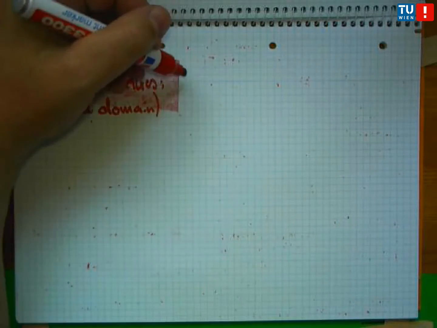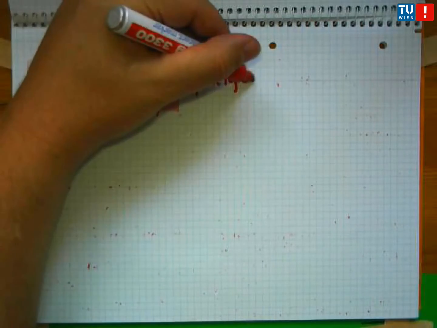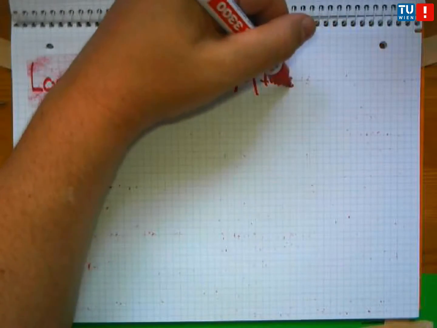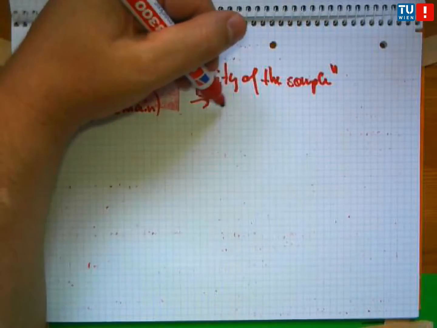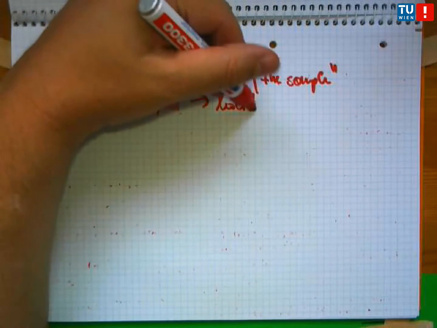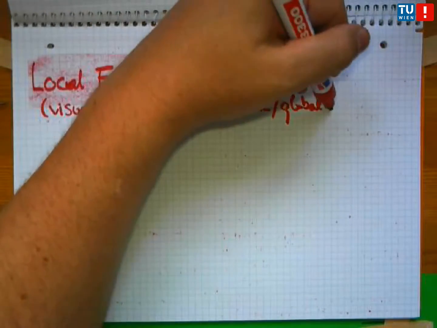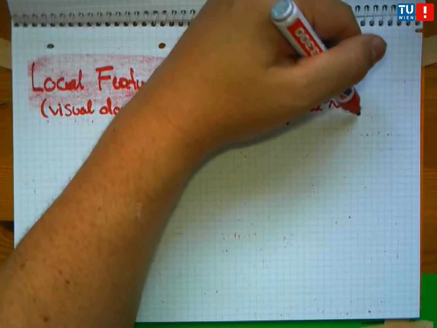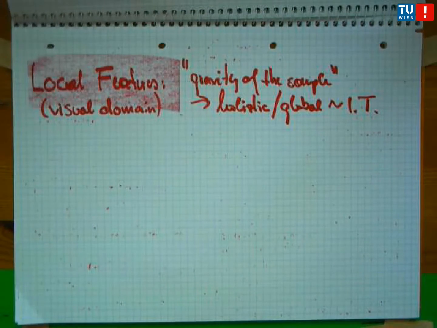In the beginning we said we have to overcome the gravity of the sample. So these methods are kind of holistic or global. And that relates them to the integral transforms, and that's why we discuss them here. There are two principal approaches.